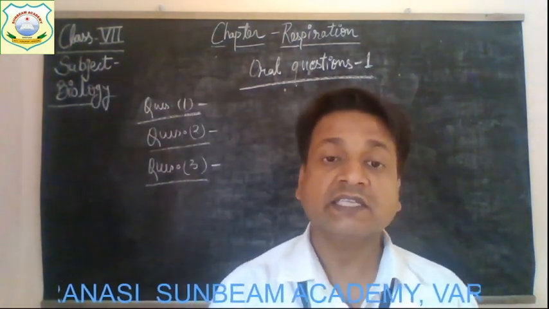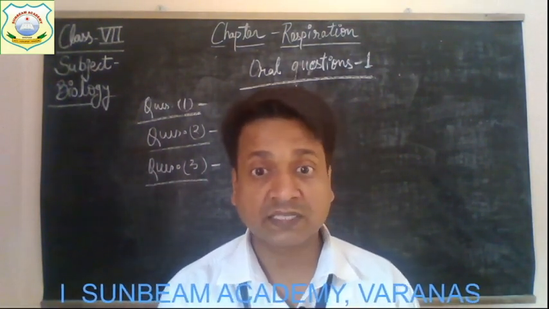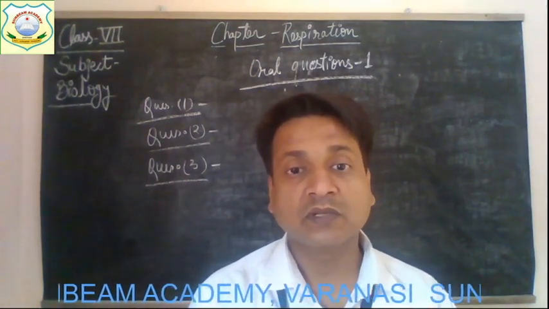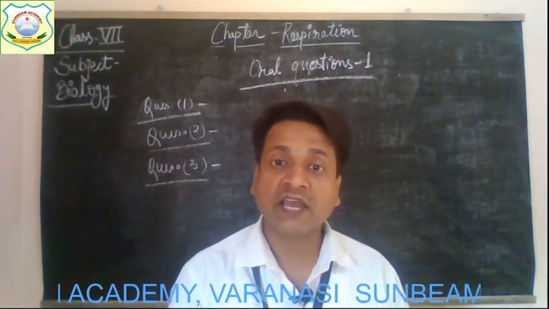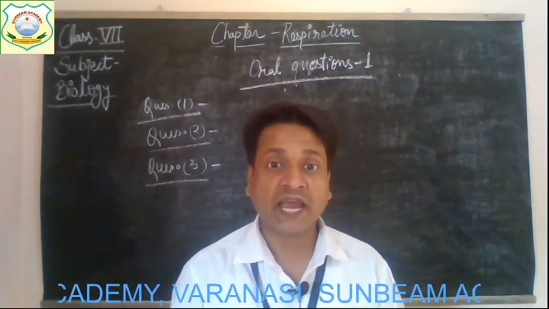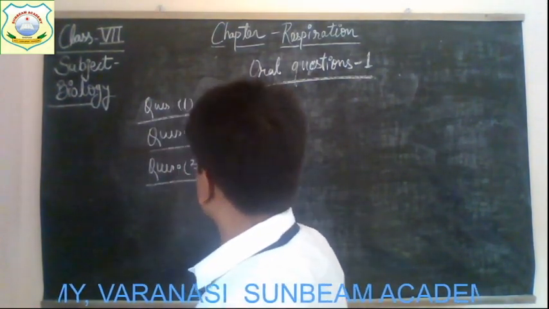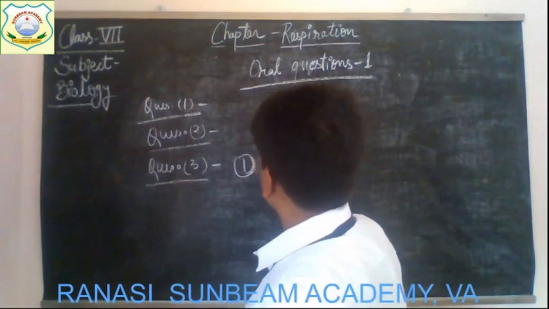Now, the question number 3 is, exchange of gases in animals takes place in many ways, as we have discussed already. Okay, so name 3 of them. So, children, what may be the 3 ways of the exchange of gases? Yes, remember that we have discussed today. The first one is through the cell membrane.